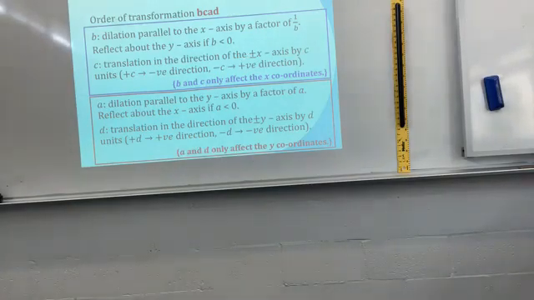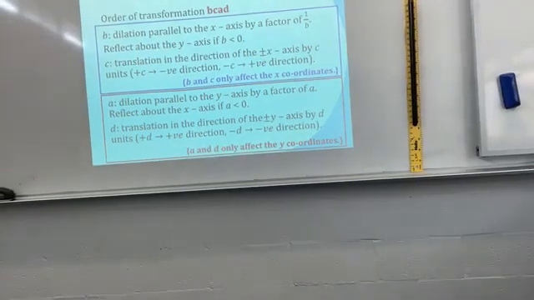So if C is positive, you translate it in the negative direction. If C is negative, you translate it in the positive direction. A is dilation parallel to the y-axis by a factor of A, reflected about the x-axis if A is less than 0. And for the dilation parallel to the x-axis, reflect about the y-axis if B is less than 0.